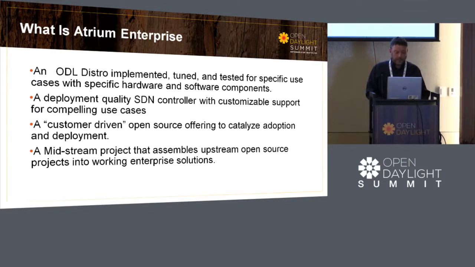In working with Microsoft as the first partner in this, our goal is to build something that's good enough to meet their needs to the point where they're going to want to deploy it. In some ways, we're a midstream project. We have some software artifacts, but the bulk of what we build comes from upstream, which is OpenDaylight in this case, and we'll talk about that in a little more detail.